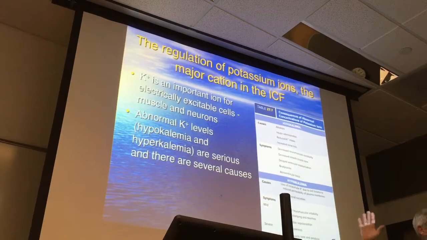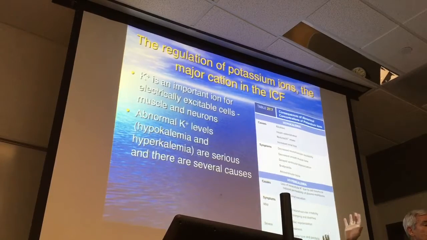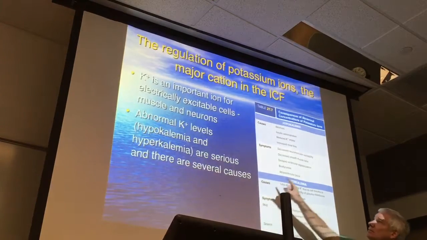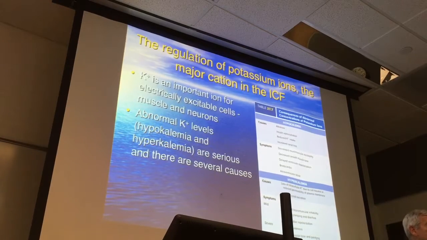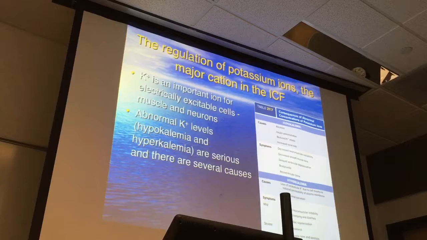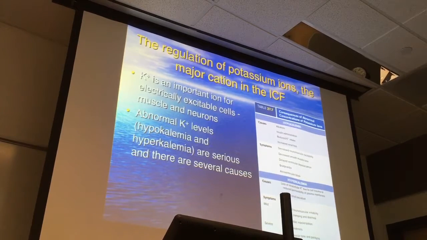No, I was thinking calcium, but it's potassium. Potassium is used for maintaining the resting membrane potential, which neurons use for action potentials and graded potentials. So potassium problems affect the nervous system in general, and these symptoms are all muscle.